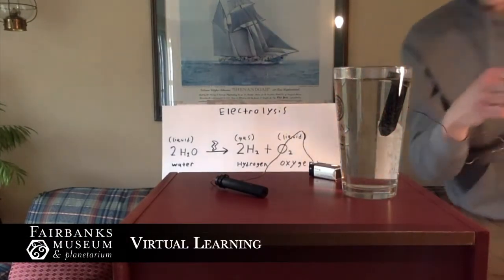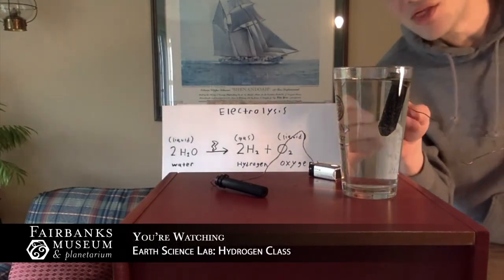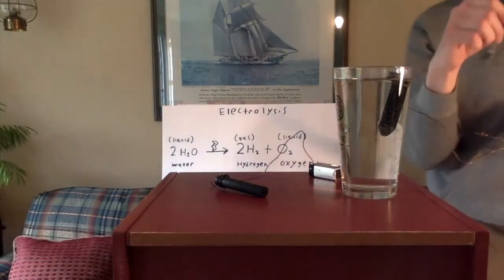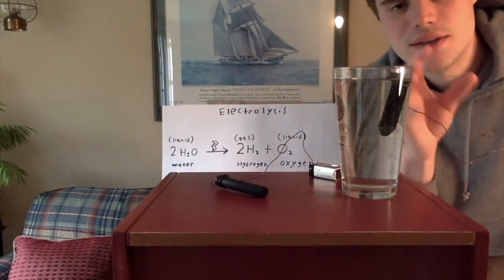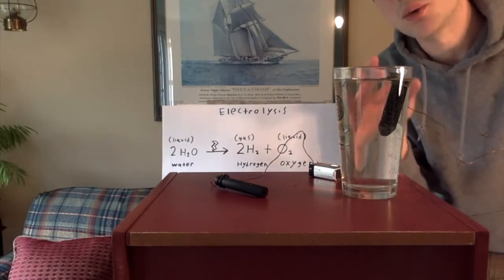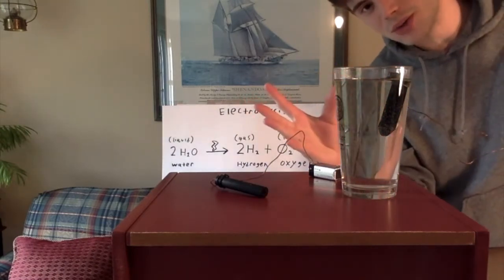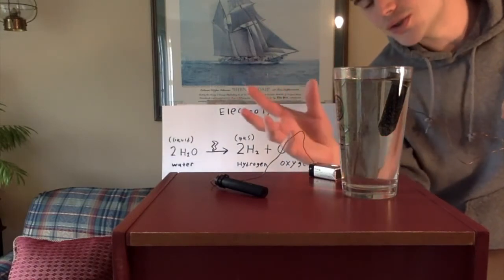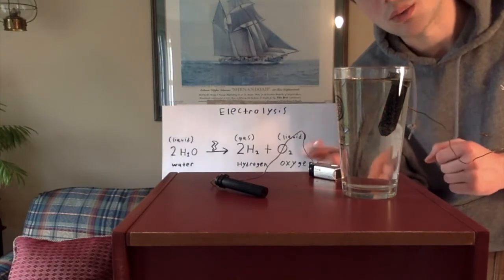And as that current passes between them, on the negative side, on our anode, it's going to even out the charge of that electrolyte water. And when that happens, we're actually going to split those water molecules apart so that the O's, the oxygen, separates from the H, the hydrogen, which is what we want.